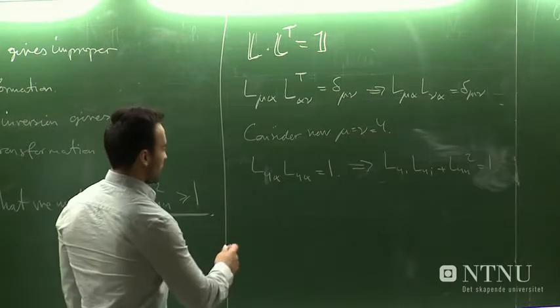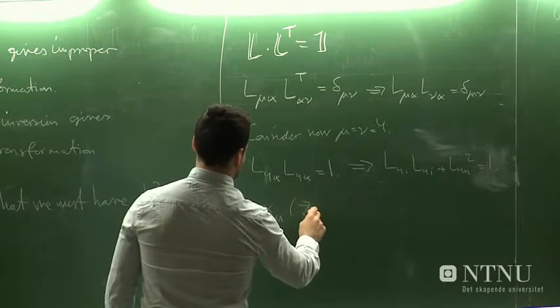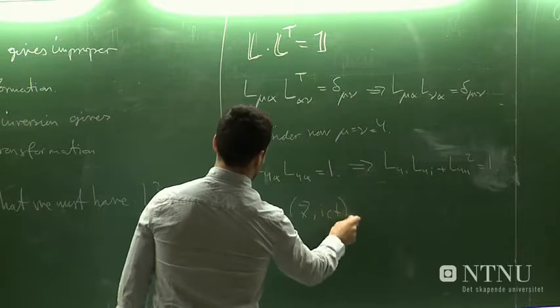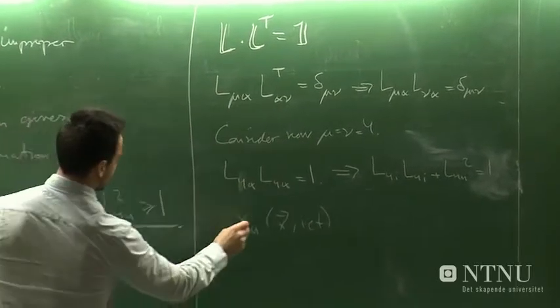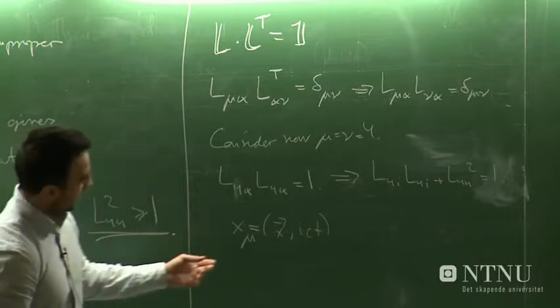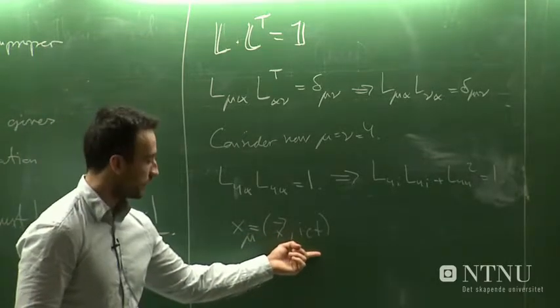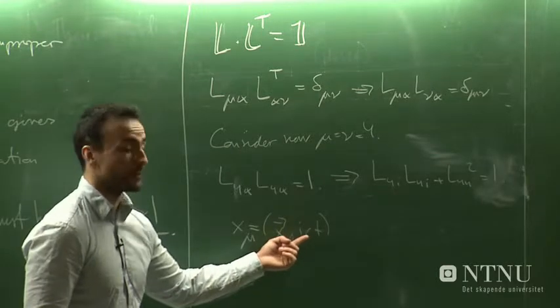And keep in mind that for this particular metric that we've chosen, and I'll get back to the metric in about 10 minutes, the 4-vector we've chosen, the convention for this last coordinate is that it's imaginary.